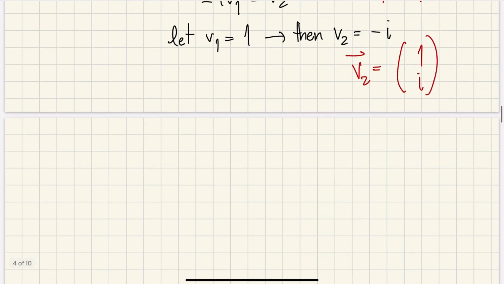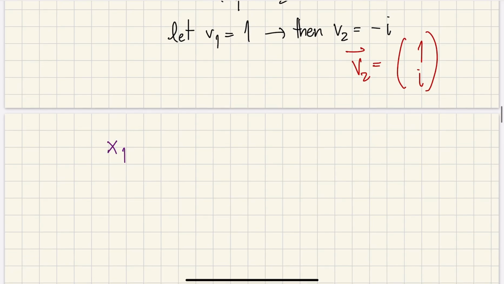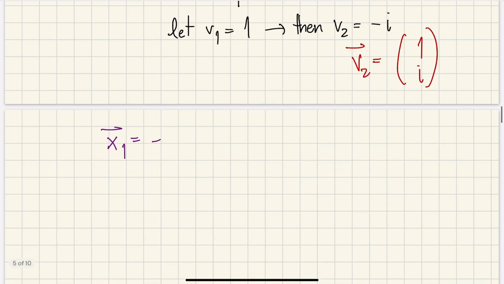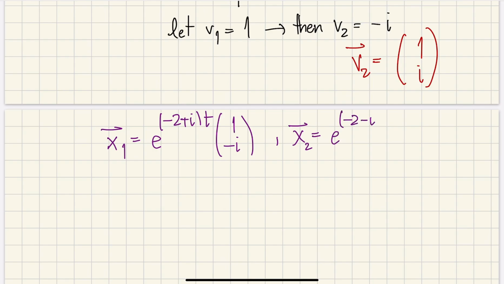So the first solution becomes e to the power negative 2 plus i times t, times 1, negative i. And the second one is e to the power negative 2 minus i times t, 1, i.